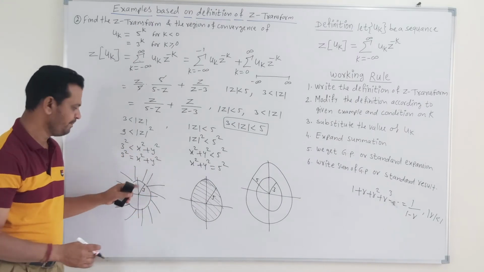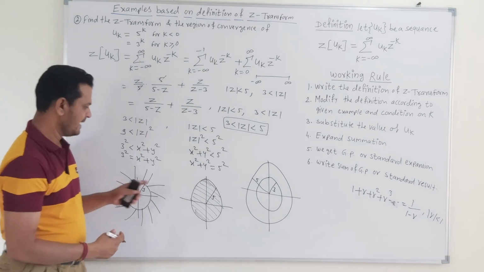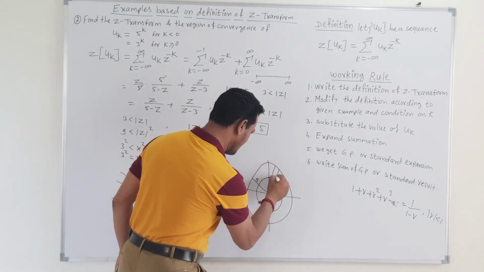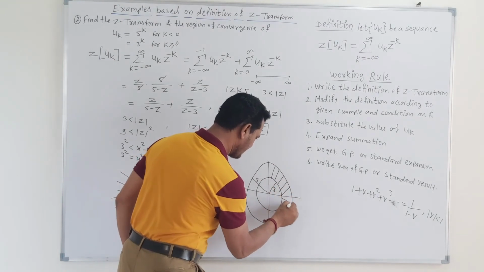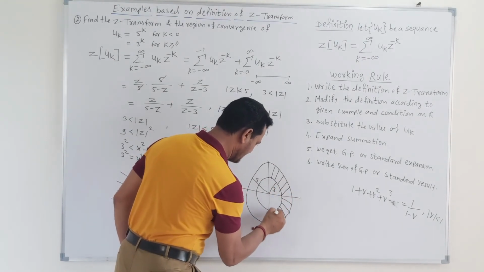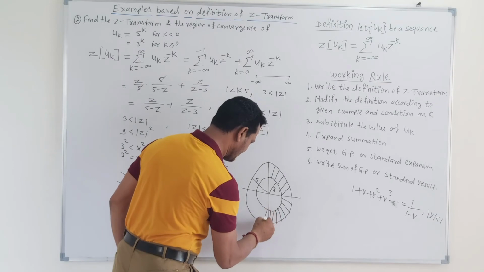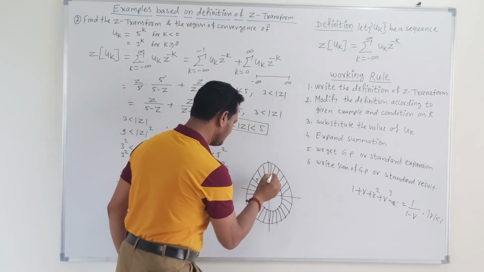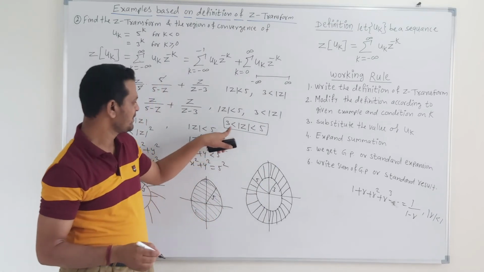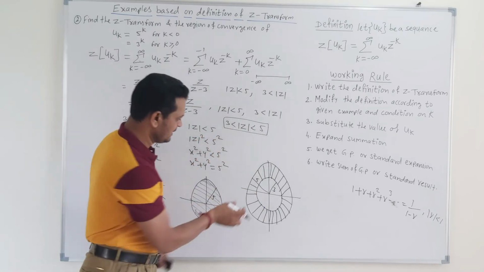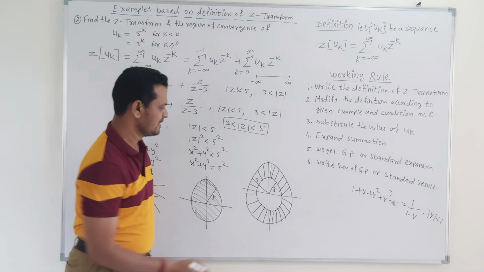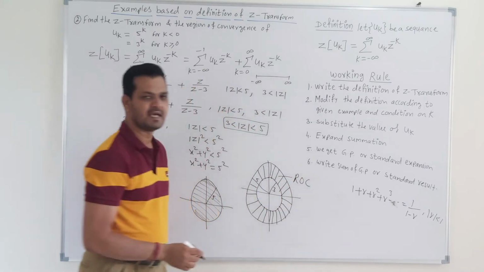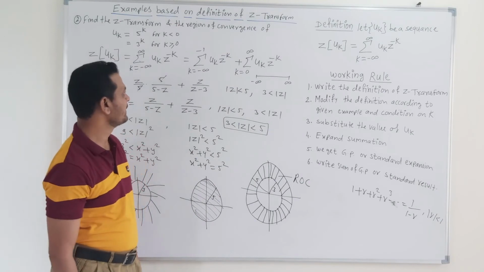According to this condition, the value is greater than 3 and less than 5. That means this is the region of convergence. If we combine these two parts, we get this as the region of convergence, because mod of z lies between 3 and 5. So this is called the region of convergence, or we can abbreviate it as ROC.